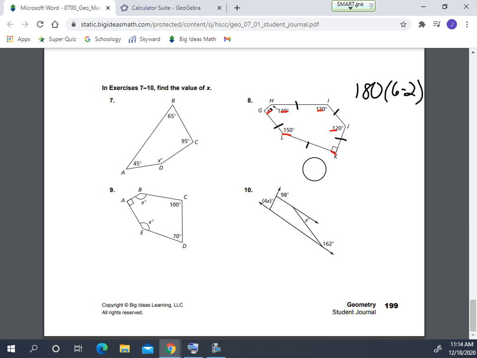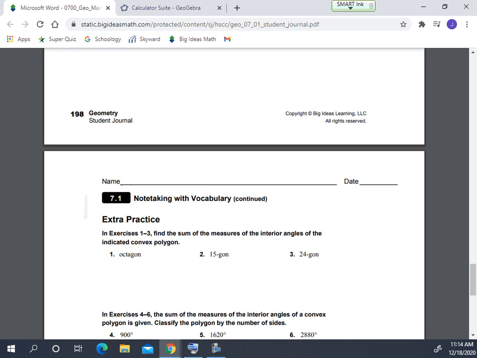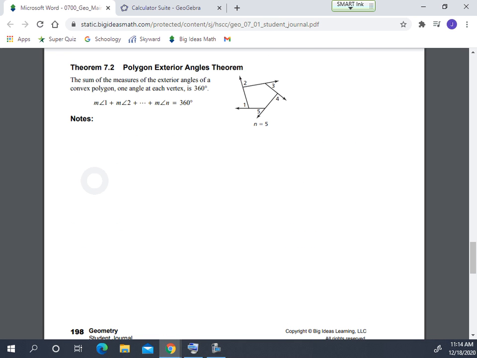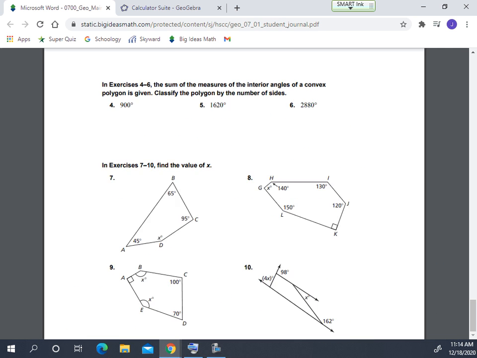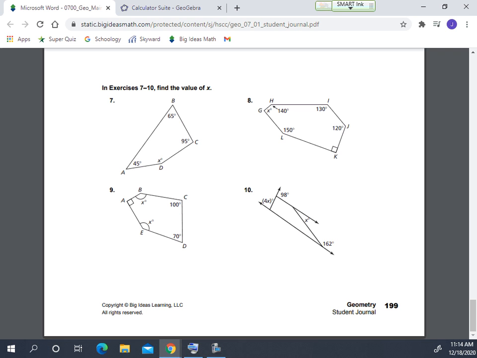I want to talk about number 10. This will be the last one I'm going through. Number 10. Remember, from up here, the measure of the exterior angles of a convex polygon is 360 degrees. So all of these added up is 360 degrees. So if we solve this, we get 98 plus x plus 162 plus 4x equals 360.